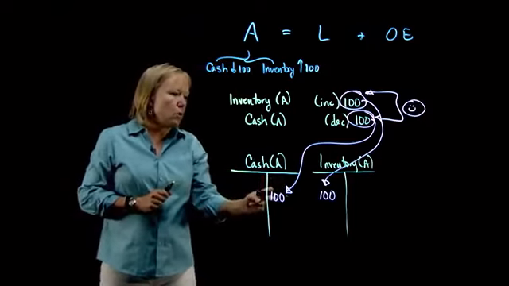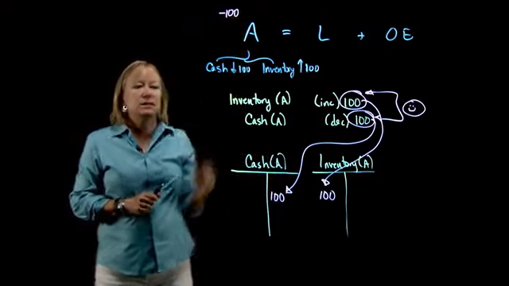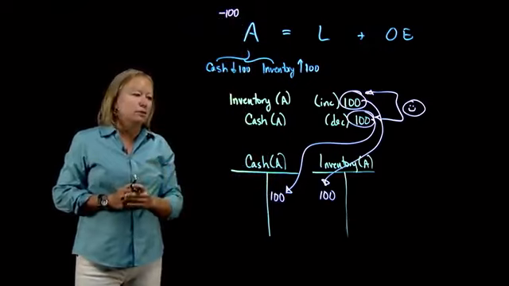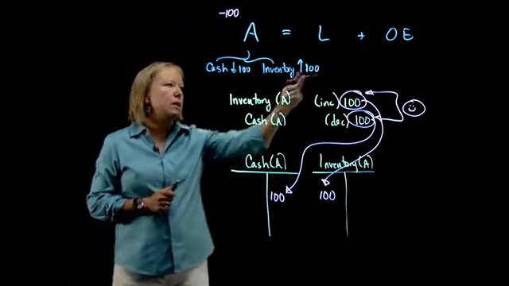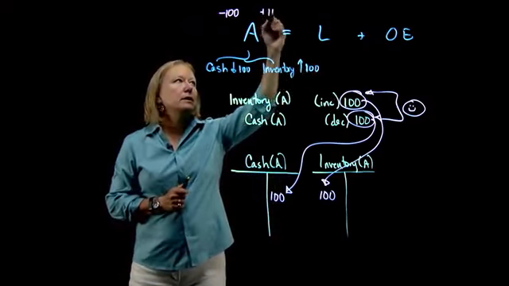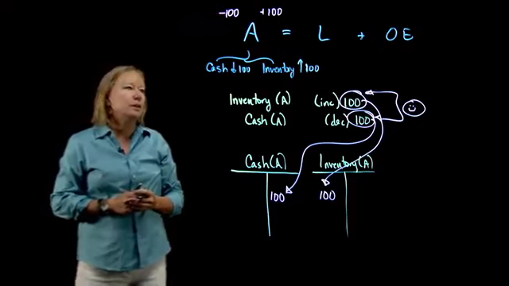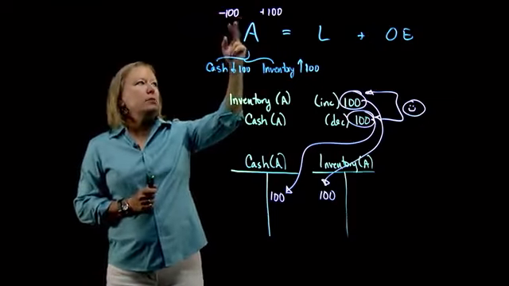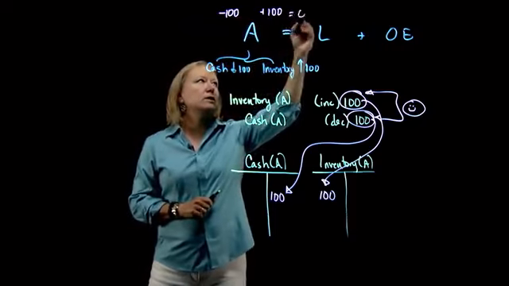All right, we recorded a right side to cash that decreased by 100, so assets go down by $100. We made a left side entry to inventory, which is an increase in inventory. Inventory went up by 100. That's an increase in assets of 100. Assets went down by 100, up by 100, so the net effect on assets is equal to 0.